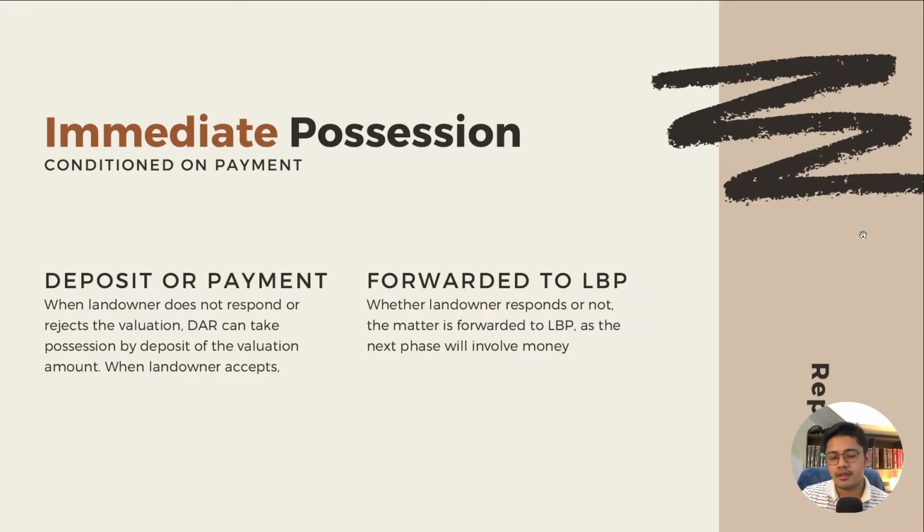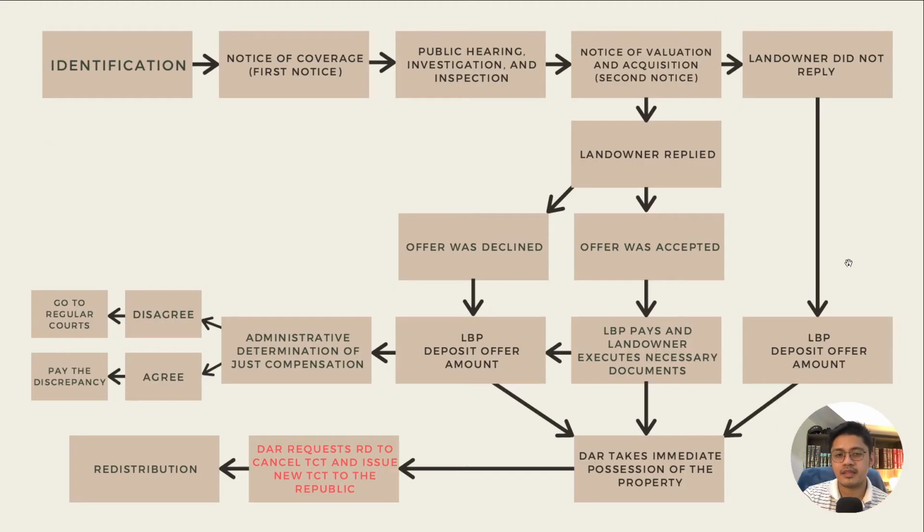This immediate possession of the property is conditioned on payment of just compensation. It's important that there must be payment of just compensation through deposit or through direct payment in case you accept, in order for the DAR to be able to take possession of the property.